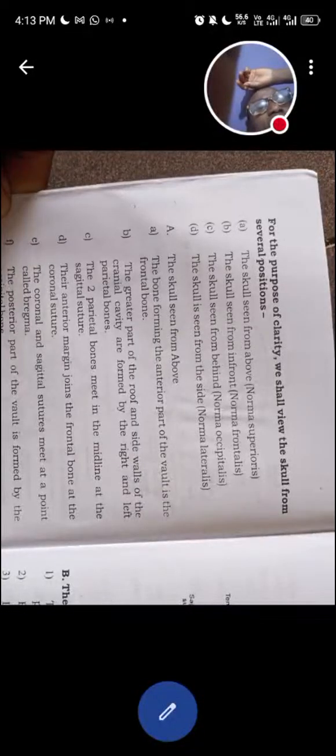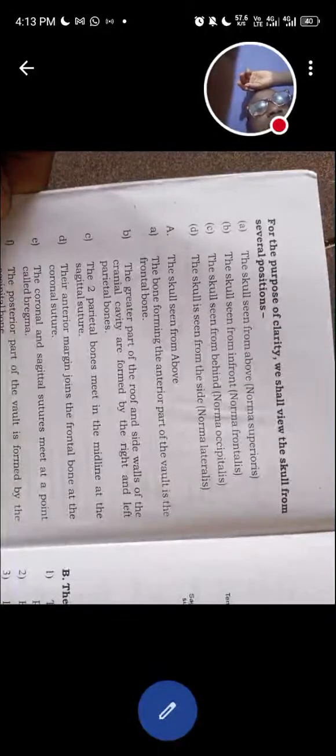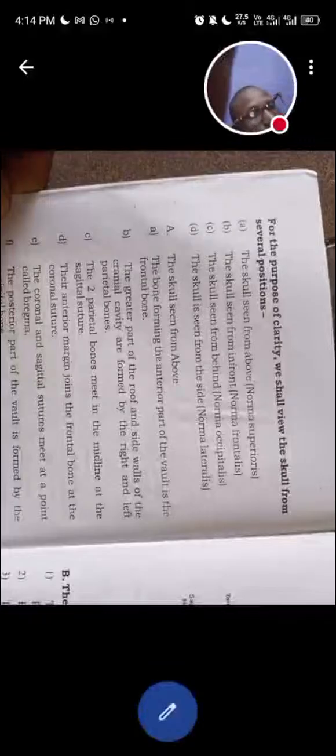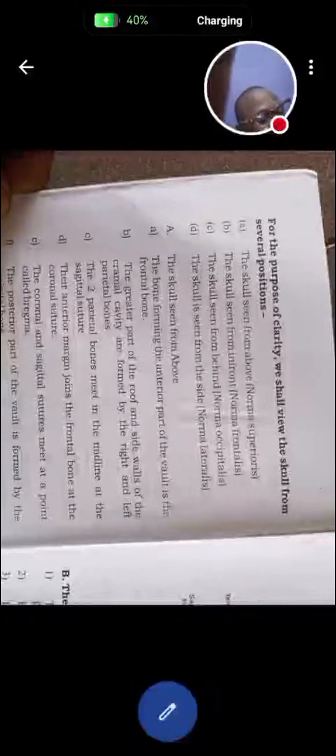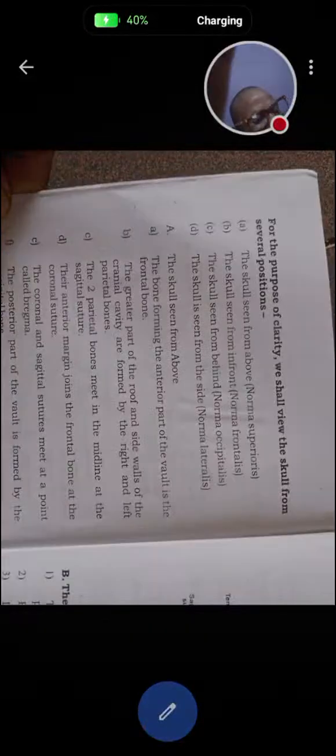The skull seen from behind, normal occipitalis. The skull seen from the side, normal laterally. So this is the second thing we are going to bring out, normal appearance is something worth checking.